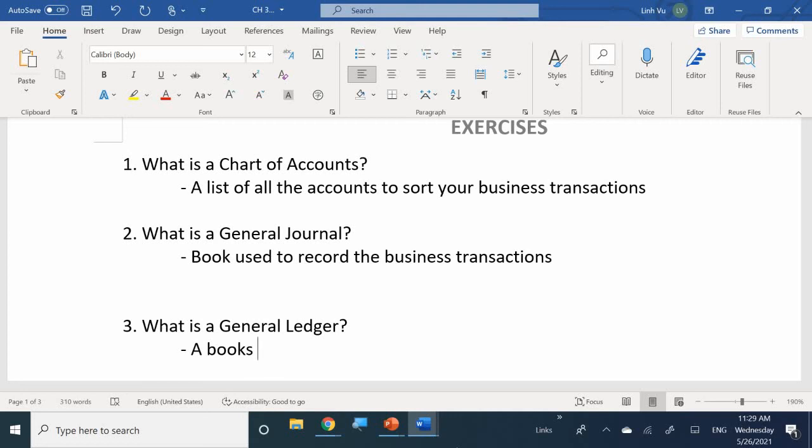It shows the balance with each account, right? Correct. The running balance, right? Correct. So it's a book of business transactions with running account balances. Okay.